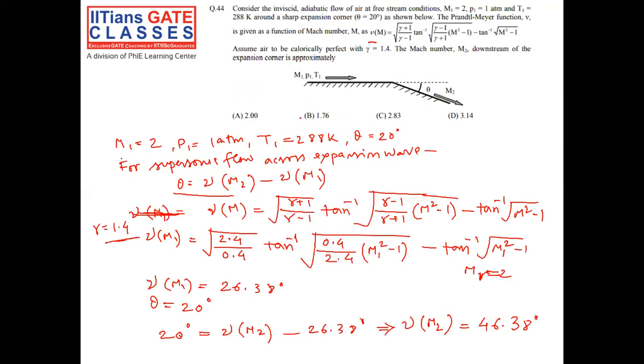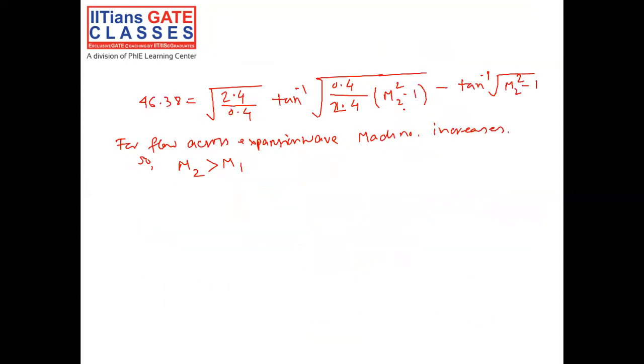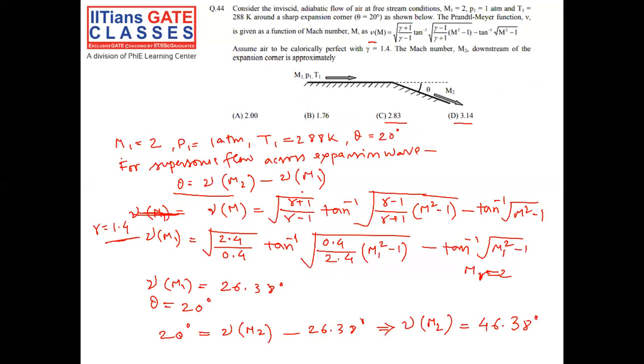Now M1 is 2, so the only options which satisfy M2 greater than M1 are these two options, C and D. So we have to do a trial and error with both of these values of M2, substituting them in this expression to see which one satisfies it. The values of M2 which satisfy this condition are M2 is 2.83 or M2 is 3.14.